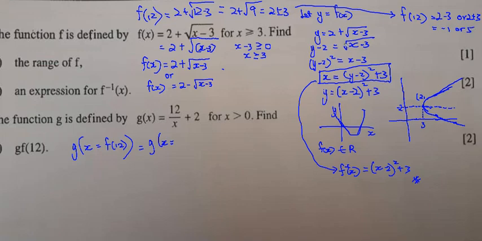Okay, now, so we have found f(12) is either minus 1 or 5. But since x is bigger than 0, we're going to select f(12) equal to 5.